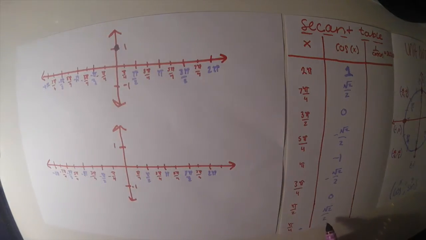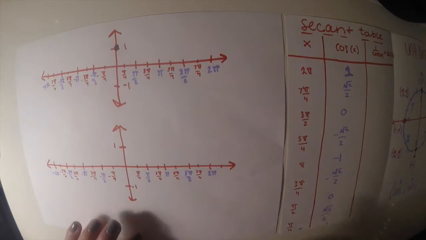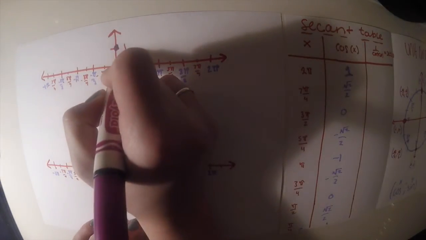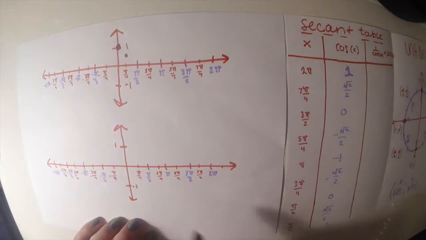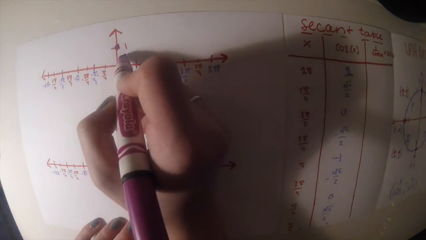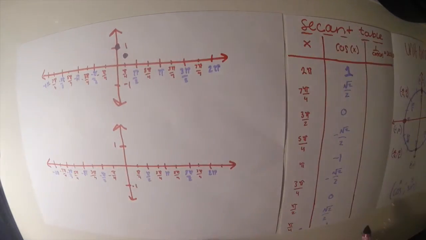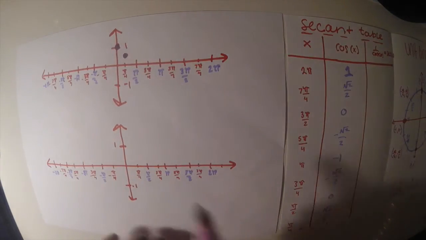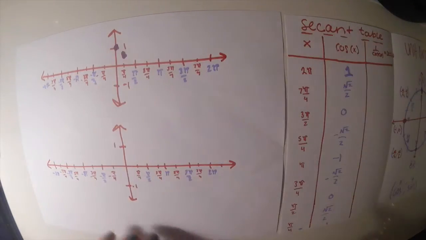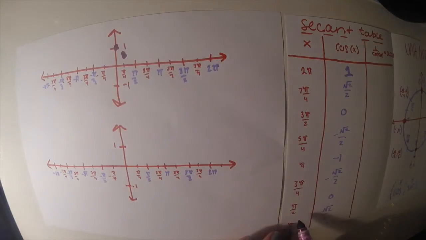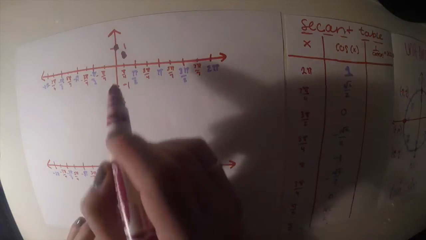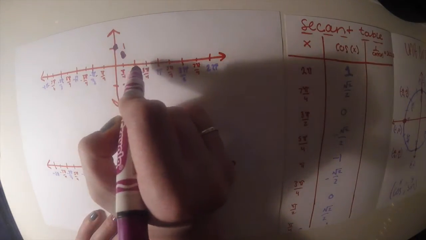And pi over 4, x is pi over 4, and y is root 2 over 2, which is roughly right here. Pi over 2 is x, and y is 0.